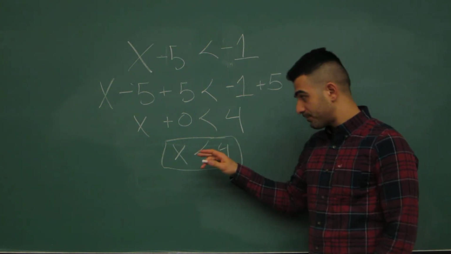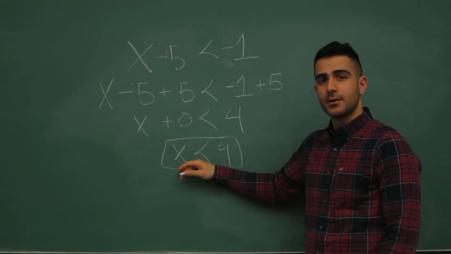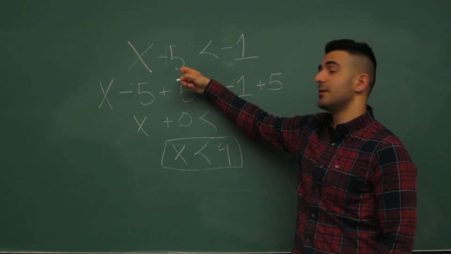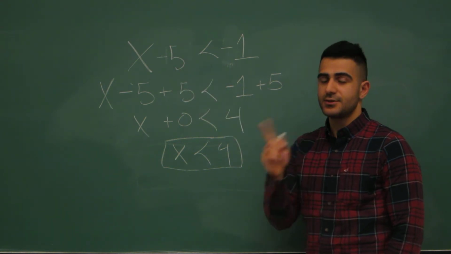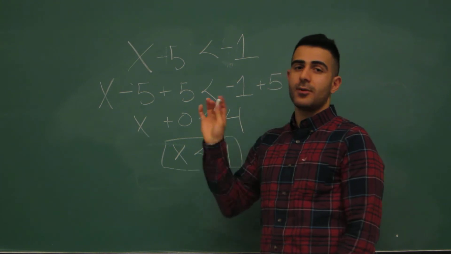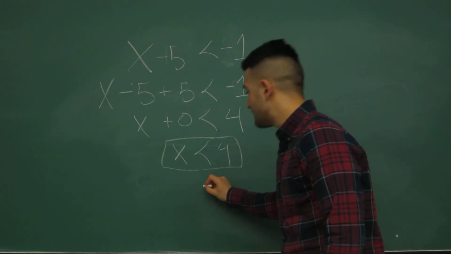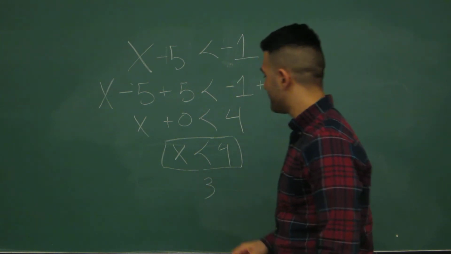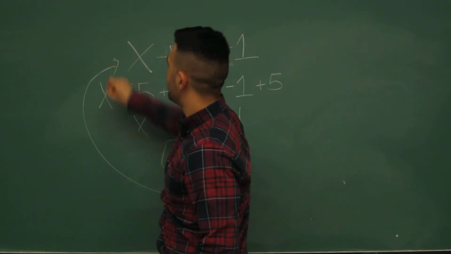This says that if you take any value less than 4 and you plug it into this inequality, this will be true. Let's take one arbitrary value and see if that's true. Let's take 3. So we'll take 3 and we'll plug it in.